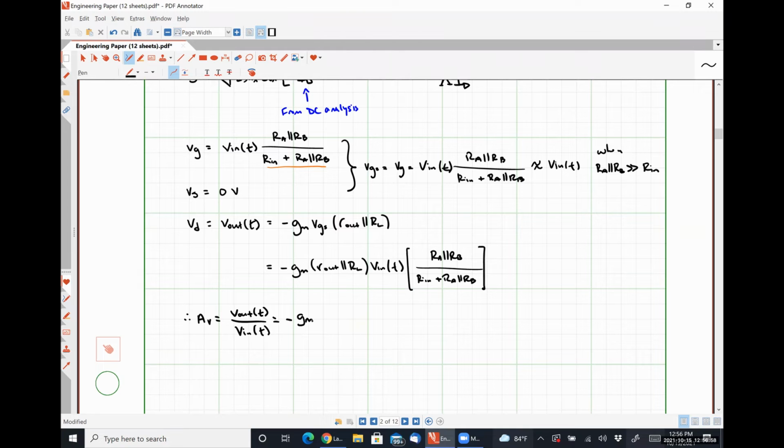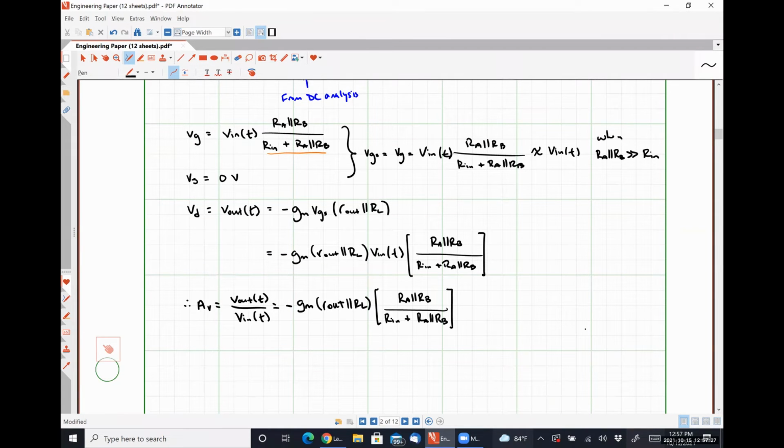And so that's going to be negative gm times R out in parallel with RL, multiplied by Ra in parallel with Rb divided by Rn in series with Ra in parallel with Rb, which we can say will be approximately negative gm times R out in parallel with RL.